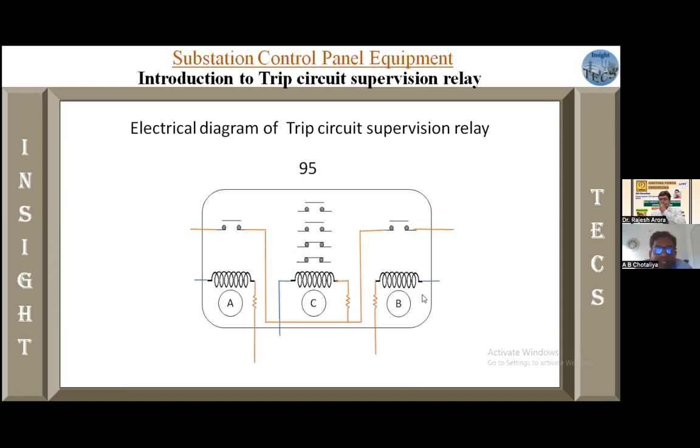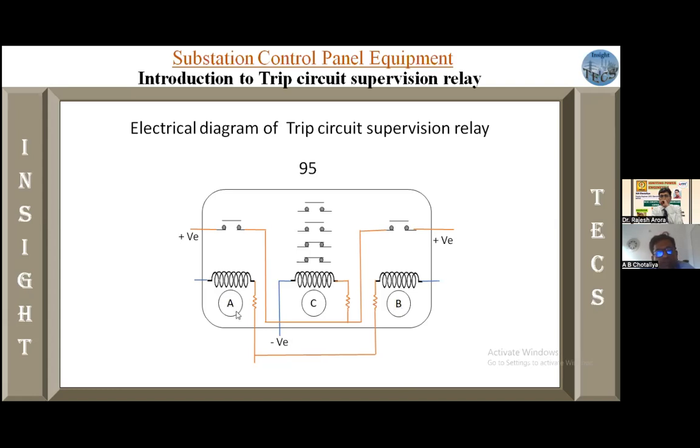The wiring of this relay is to be done like this. In the C coil, we need to provide a negative always, and the positive will be extended by both these contacts whenever they operate. So the C coil will always operate in the pre and post condition.